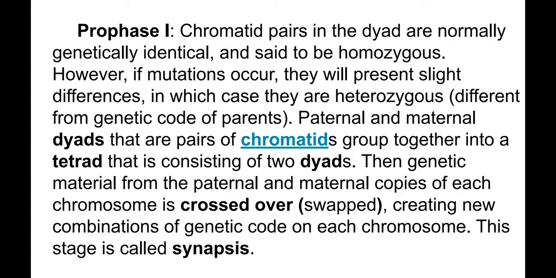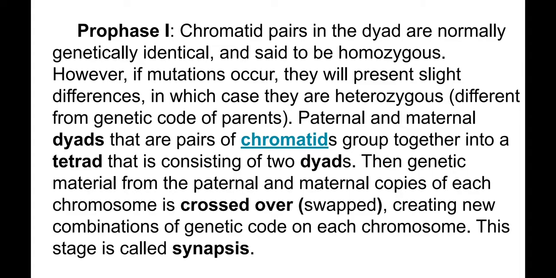Let's go. So chromatid pairs in the dyad are normally genetically identical and said to be homozygous. However, if mutations occur, they will present slight differences, in which case they are heterozygous, different from the genetic code of parents.